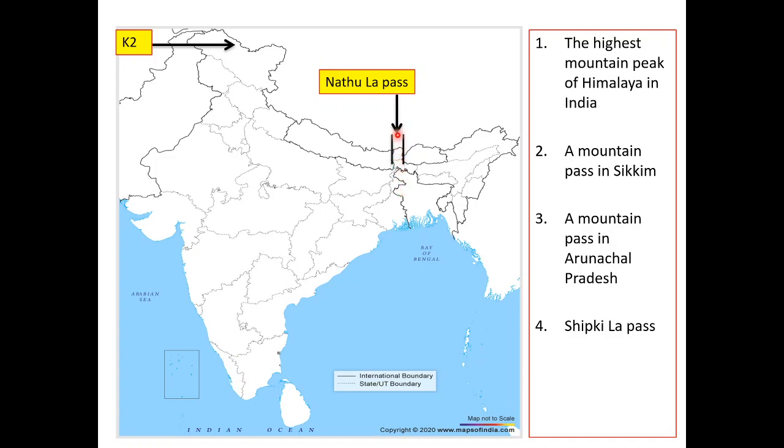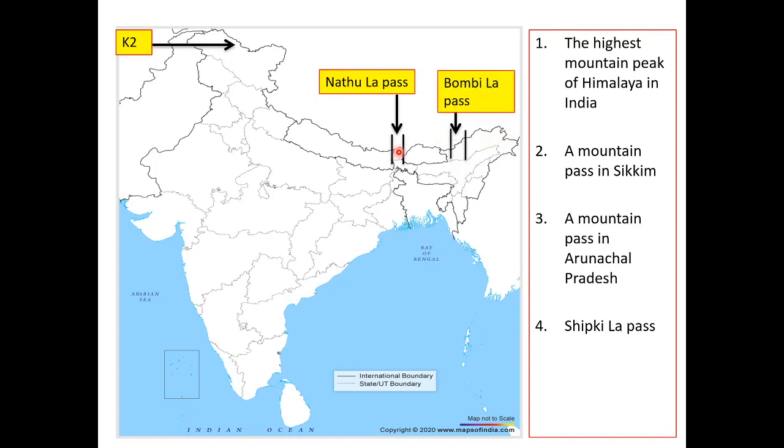At that time they didn't have any aeroplanes or ships, so they traveled via road or land routes, and these are the passes which come across the Himalaya. They cannot cross the Himalaya, so alongside the Himalaya there are narrow land routes through which a traveler can pass. These passes were very important during ancient times. Our trade and traveling happened through these passes.